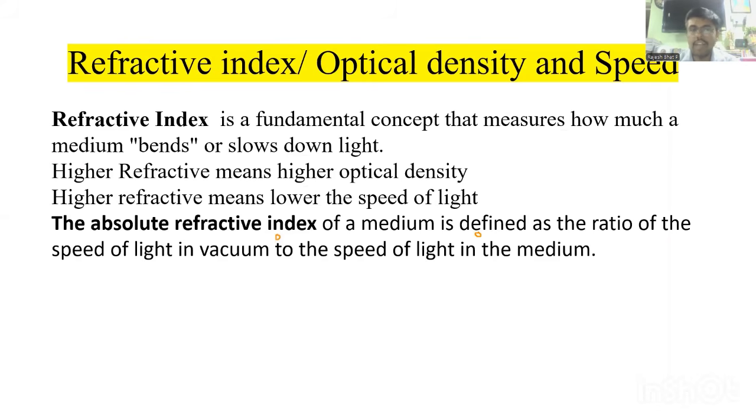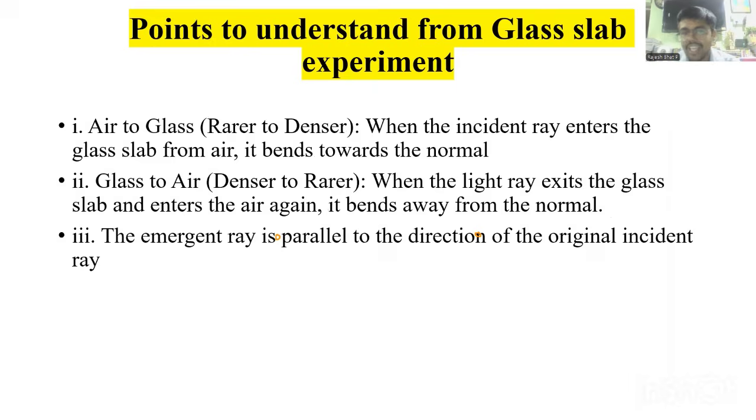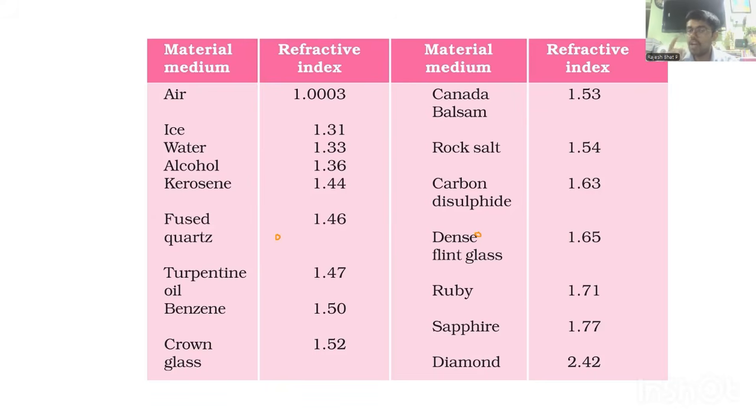But a very important point is speed. Speed is inversely proportional to refractive index. Going back to this table, remember: more the refractive index, lesser the speed of light. A refractive index of 2.42 means it bends light a lot, and if it bends a lot, the speed must decrease. Tell me, between benzene and rock salt, where is the speed of light highest?